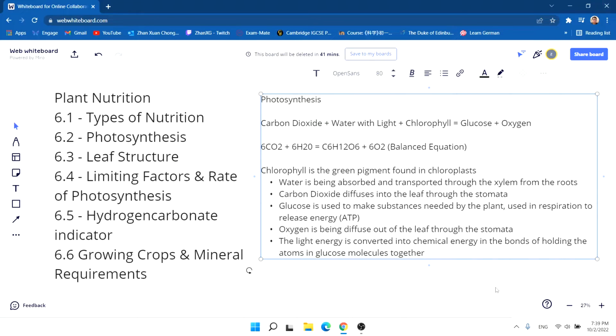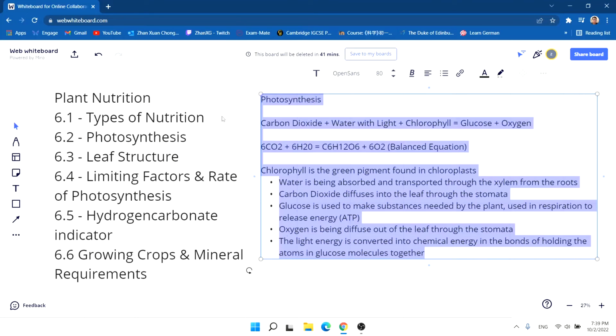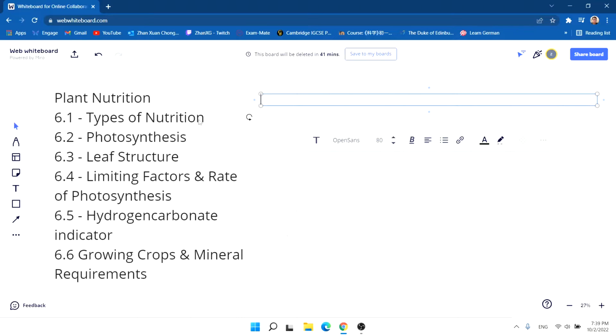We will enter the leaf structure, which requires a bit of memorization. Give me a sec on this. The structure of the leaf.